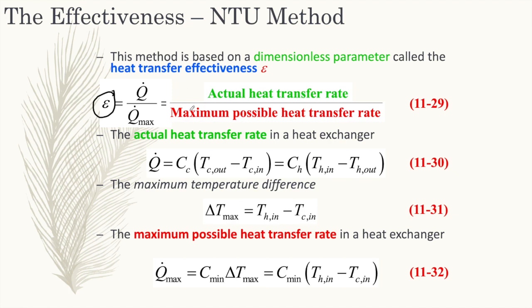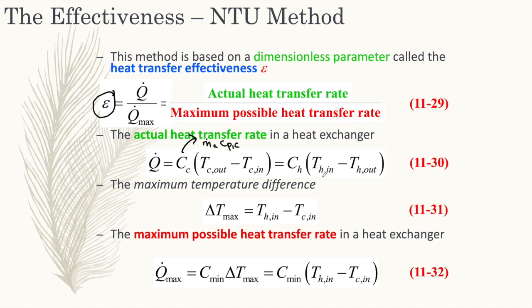So this is equal to the heat capacity, and you multiply it by TC out minus TC in. This is the cold side. For the hot side, we have CH, the heat capacity of the hot side, and then TH in minus TH out.